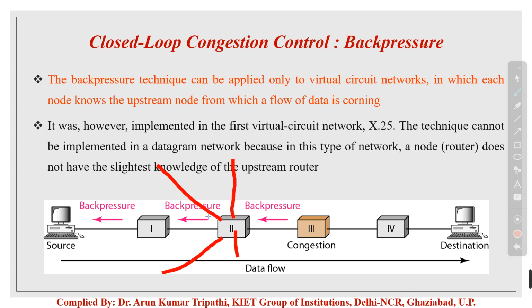There are a total of 5 paths. So this may experience the congestion. So it will inform the upper layer: kindly slow down your speed. So this technique is known as back pressure.